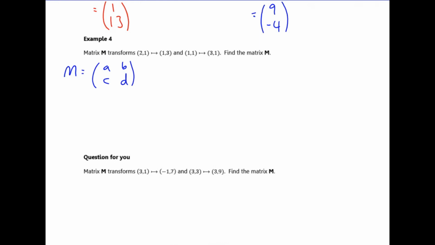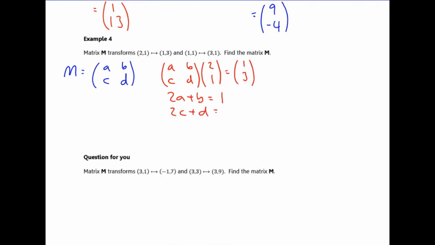So first off, if I do M times 2, 1, I know I get 1, 3. And so if I do this multiplication, I get 2a plus b equals 1, and I get 2c plus d equals 3. I only need 1 equals sign there, really.